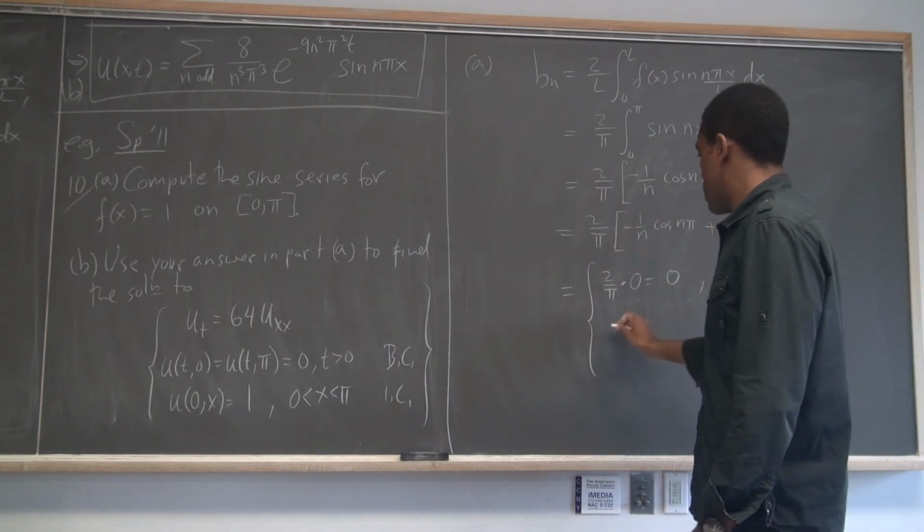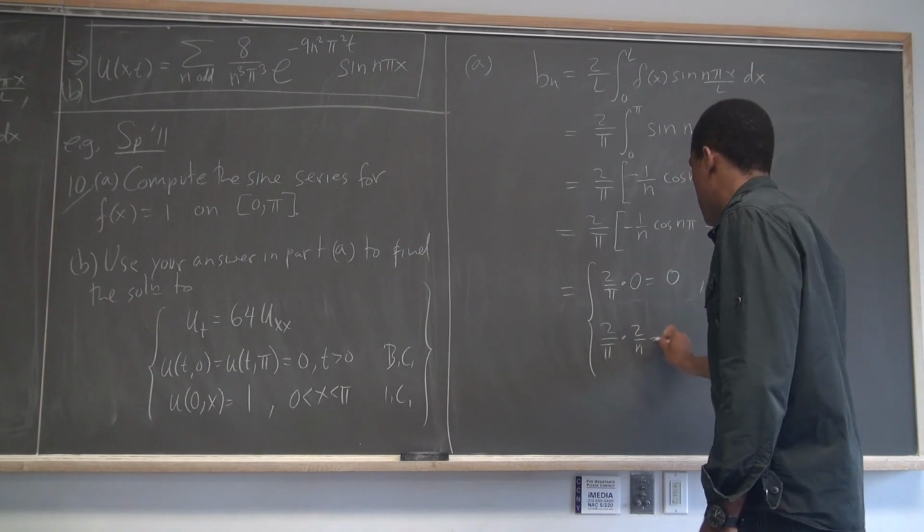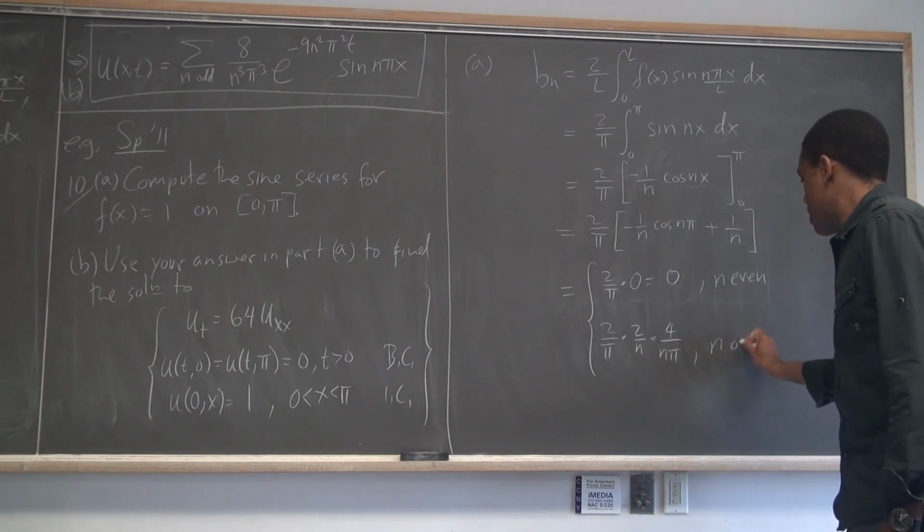So it's 2 over pi times 2 over n, which equals 4 over n pi when n is odd.